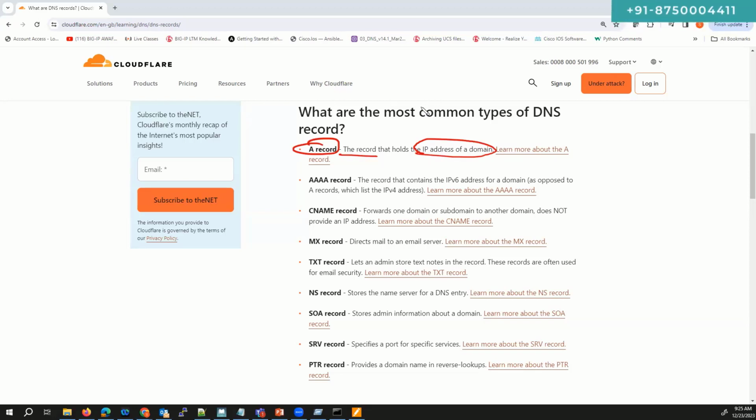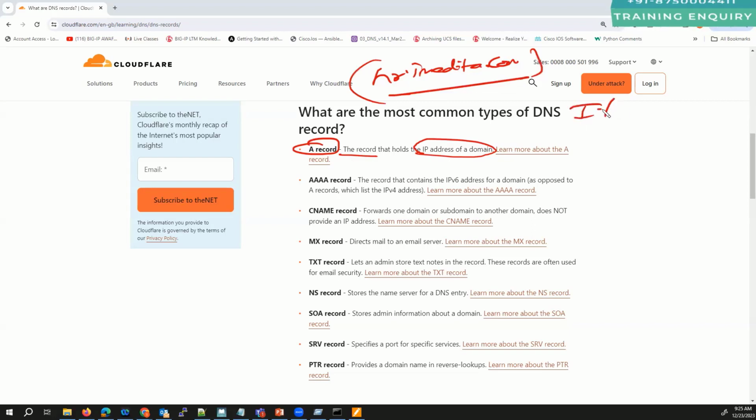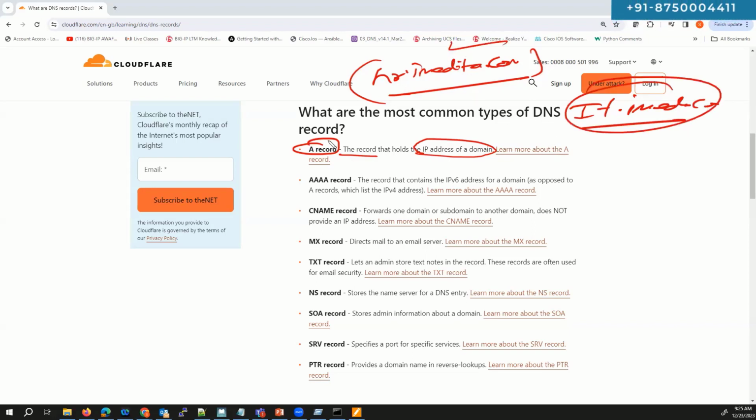So for example, if you needed an IP address for hr.imedita.com or maybe it.imedita.com, those entries will have to be created on your DNS server as records along with their IP addresses.